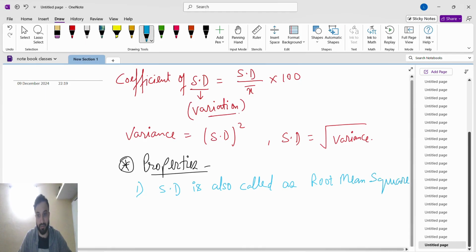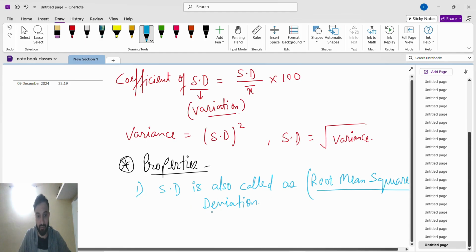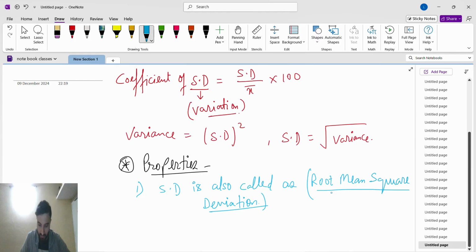Because sometimes in the examination they will not say to find standard deviation, they will say find root mean square deviation. So this is the full name, root mean square deviation. The standard deviation is also called root mean square deviation.